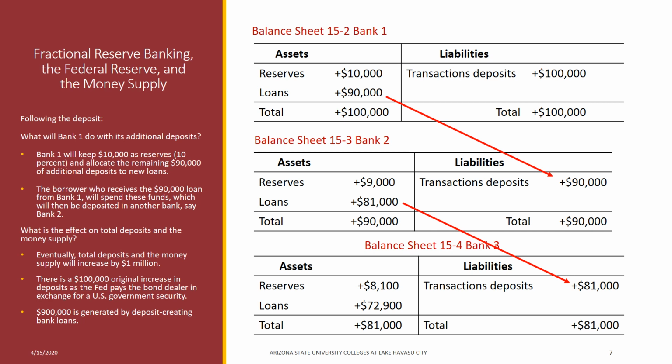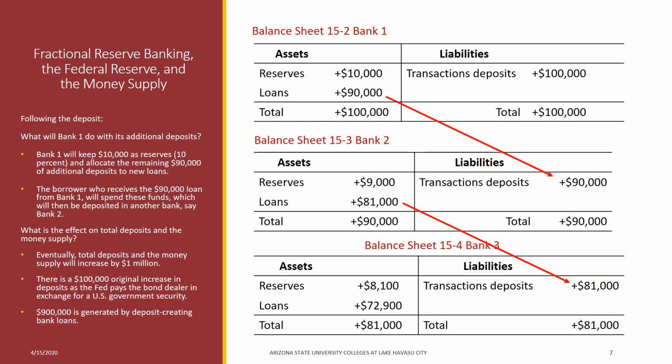The process of money creation does not stop here. The borrower who receives the $90,000 loan from Bank 1 will spend these funds, which will then be deposited in other banks. For example, suppose the $90,000 spent by Bank 1's borrower is deposited in a transaction deposit account at Bank 2.